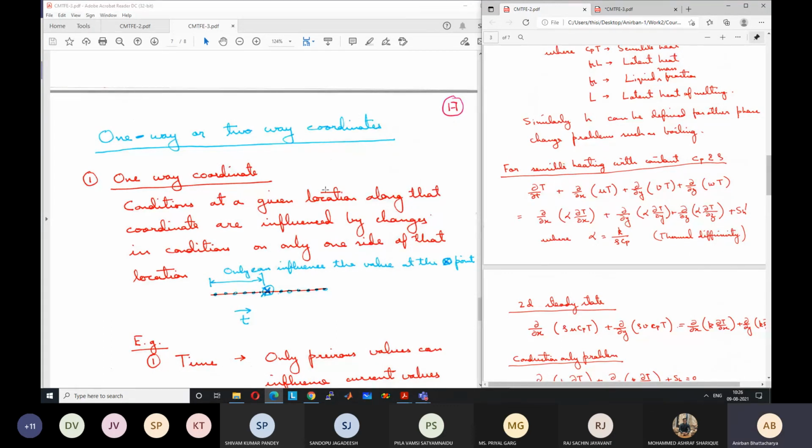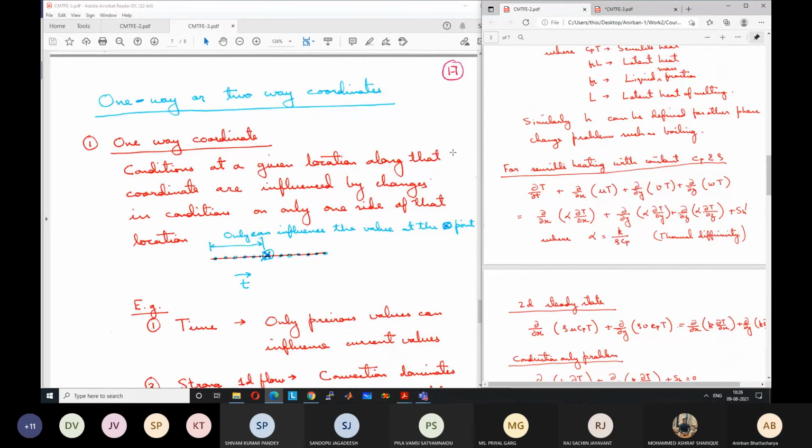Another important concept is the concept of one-way or two-way coordinate. So what is a one-way coordinate? A one-way coordinate is a coordinate system along which the variables which are preceding the current coordinate point matter. So you are at a point in space up to which you have solved.